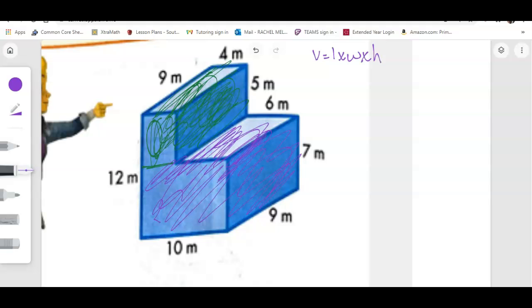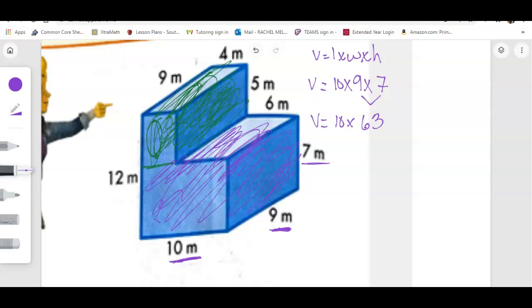If I'm looking at this bottom purple shape, 10 is my length, 9 is my width, 7 is my height. I'm going to do this: 9 times 7 is 63.